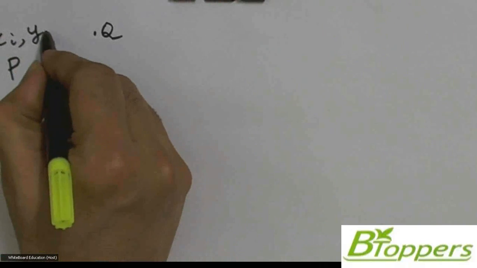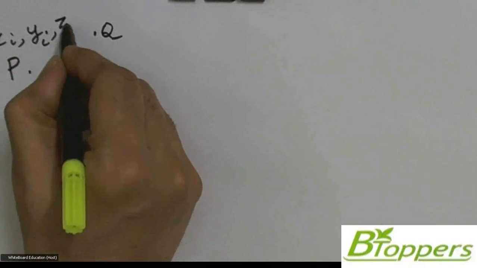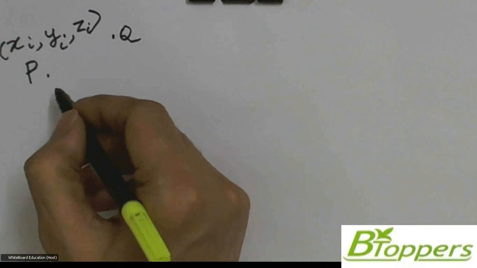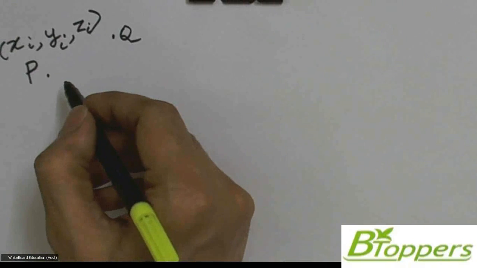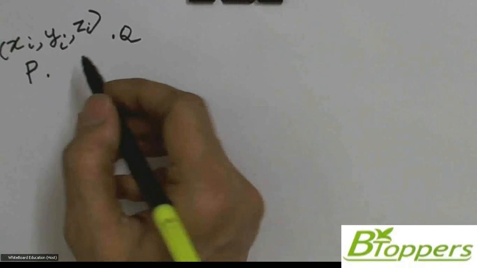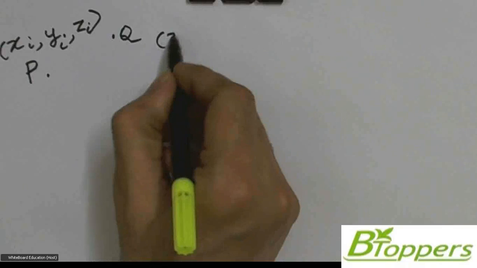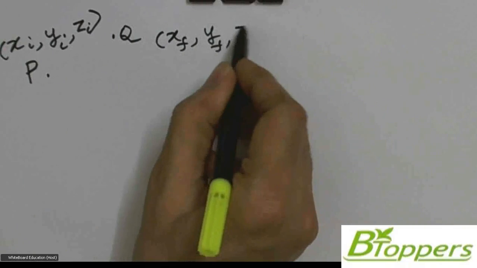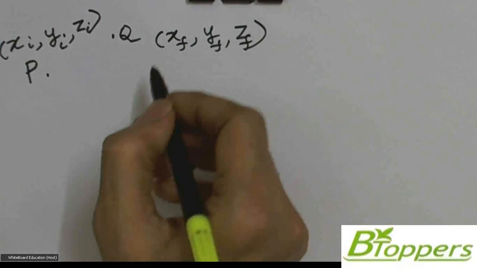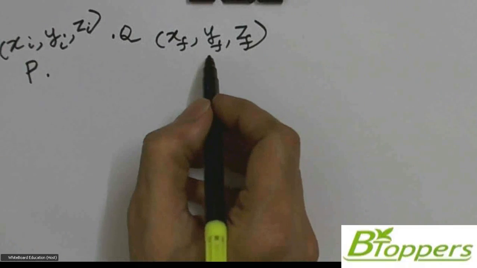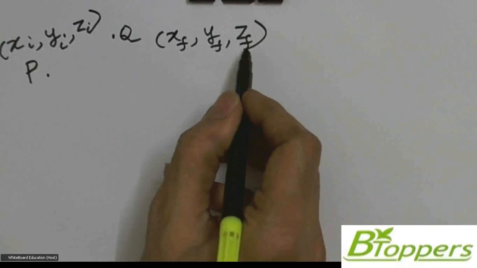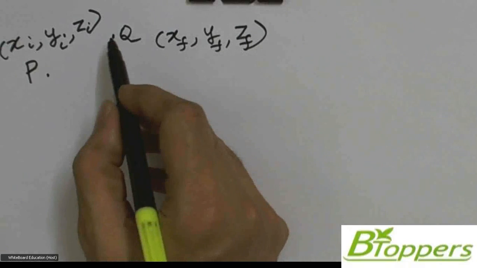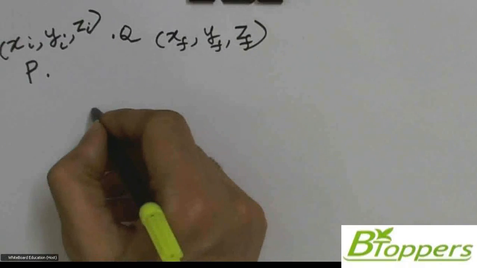Let xi, yi, zi denote the Cartesian coordinates of the initial position of the particle and xf, yf, zf denote the Cartesian coordinates of the final position of the particle.